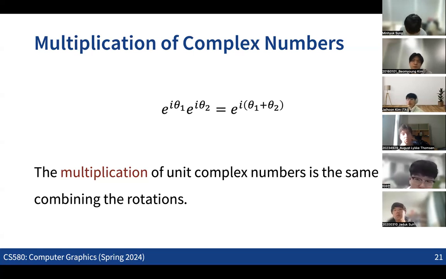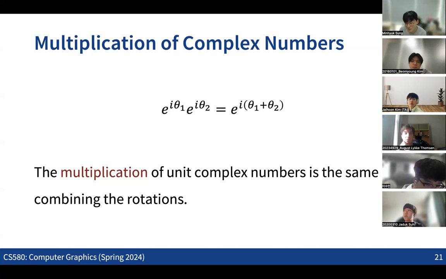Can we also find a 3D space where the points on the unit sphere correspond to the 3D rotations, and their multiplication corresponds to the combination of the 3D rotations? Can you see this extension?